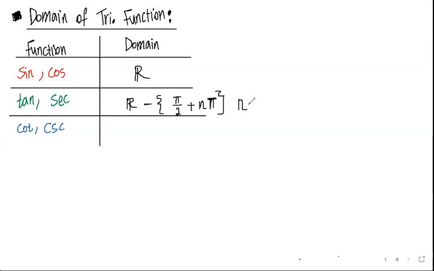And here n means natural numbers. The natural numbers are 1, 2, 3, 4, any natural number. So the domain is R except these elements, pi over 2 plus n pi. I mean here n is natural numbers and also 0, so I can start from 0 and all natural numbers.